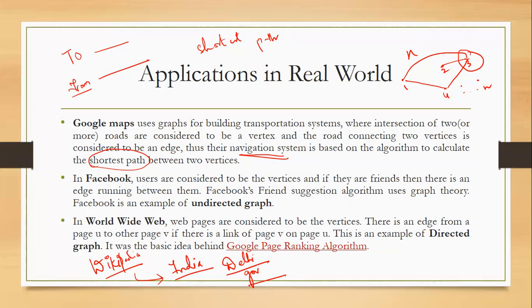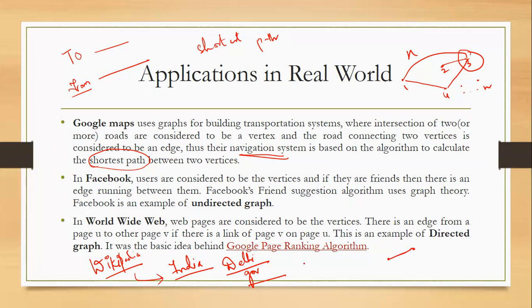Now here, let's consider these individual Wikipedia pages as vertices. And in this case, if you have this word in the Wikipedia page of India, then there is an edge between them.